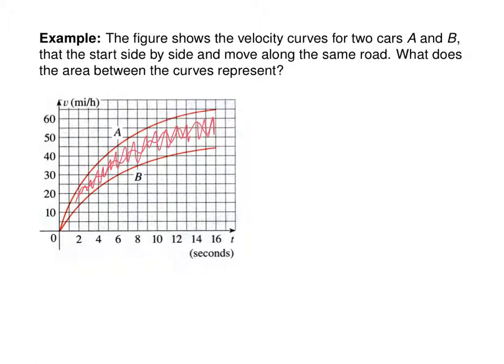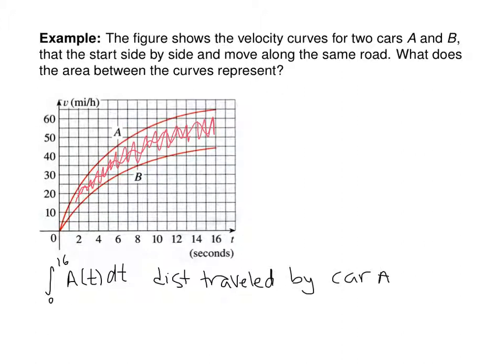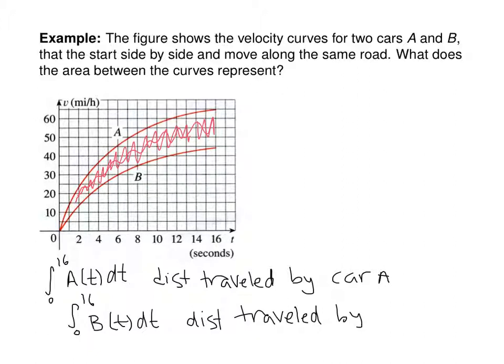So first of all, the integral from 0 to 16 of a of t dt is how far car A traveled, so the distance traveled by car A. And the integral from 0 to 16 of b of t dt is the distance traveled by car B. So there's car B's distance.